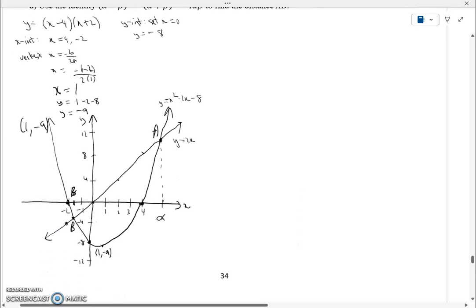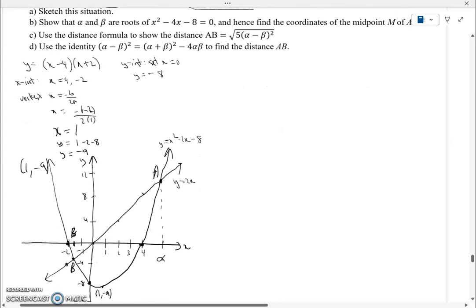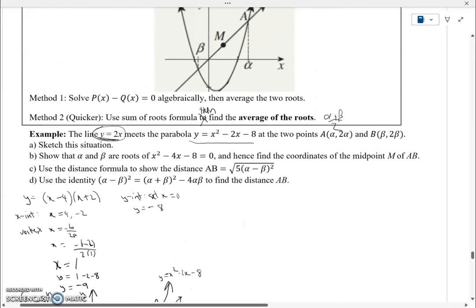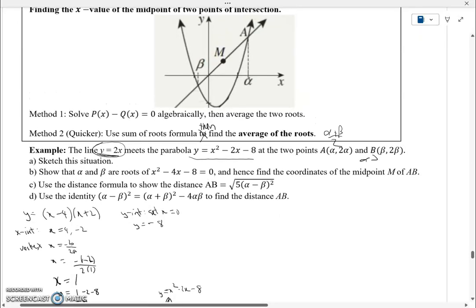I could have switched A and B, but for this question I'm doing it this way. It gave me no information. Maybe the question should have said something like alpha greater than beta, and then you could know how to plot it.